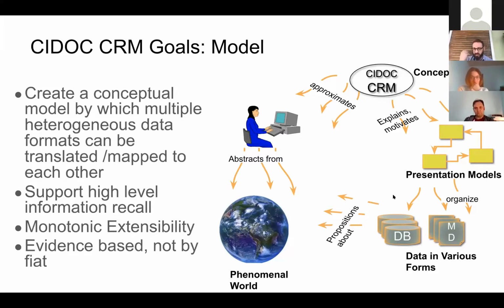And when you take that perspective, then you can generate these high level classes and relationships, which are the language of CIDOC CRM, and which are supposed to approximate the research and the thought that a researcher or documentalist is doing, and the knowledge they're generating in using database X, Y, or Z.